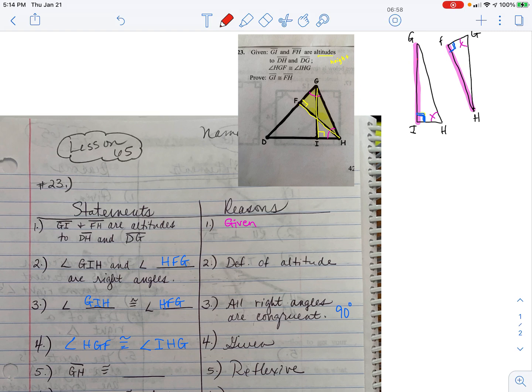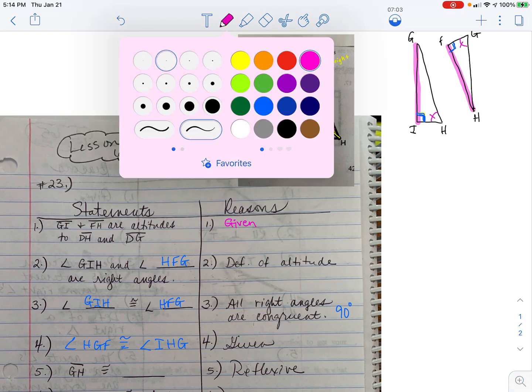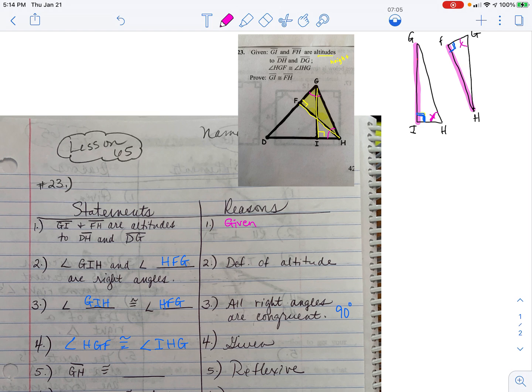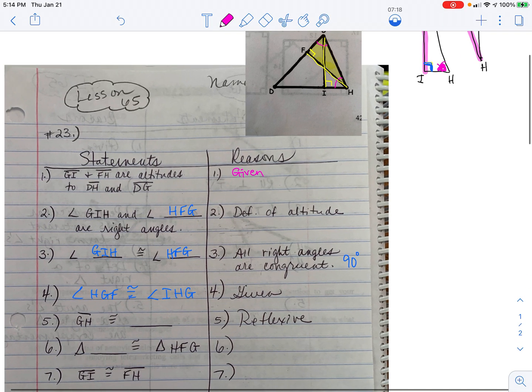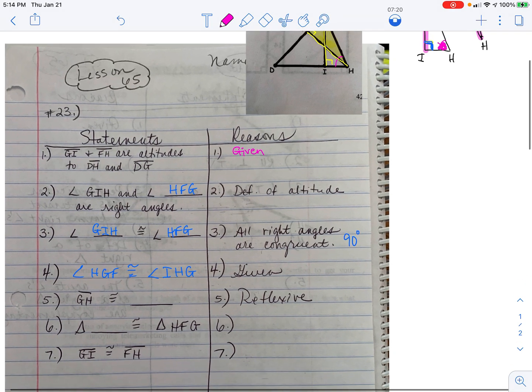I marked them up here already. So that was these ones in pink over here. I'll color them in so you can see them better. But these pink ones on the ones that I drew out here, right here, those two are congruent. I put those in there a little bit prematurely. I should have waited till I listed the step with you because I was trying to figure out how did that turn out that way.